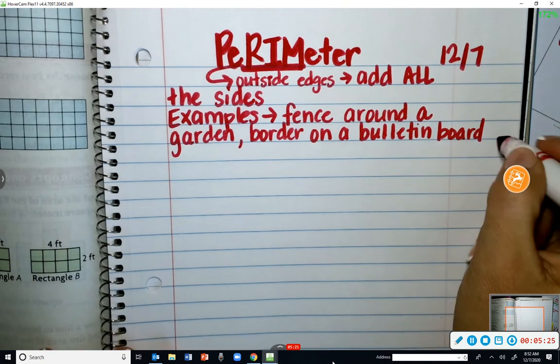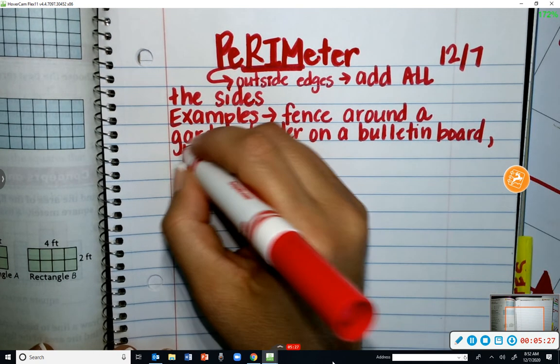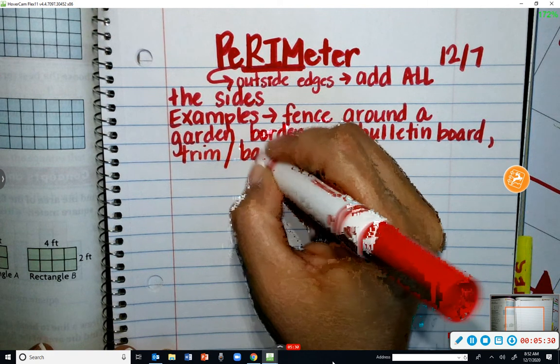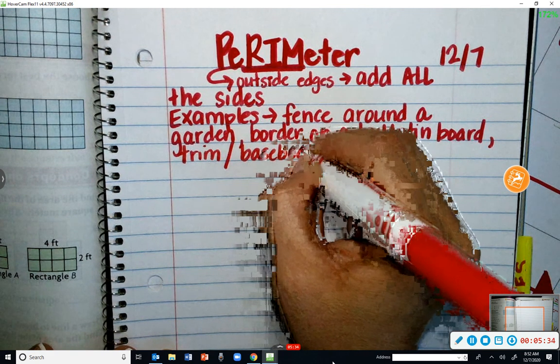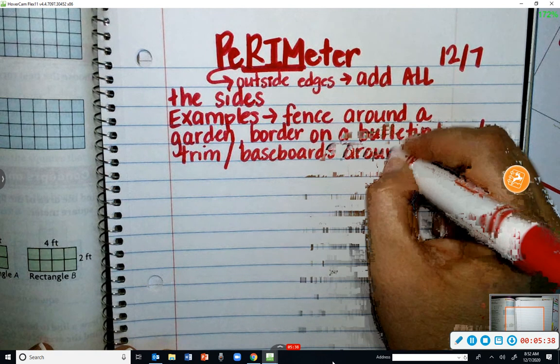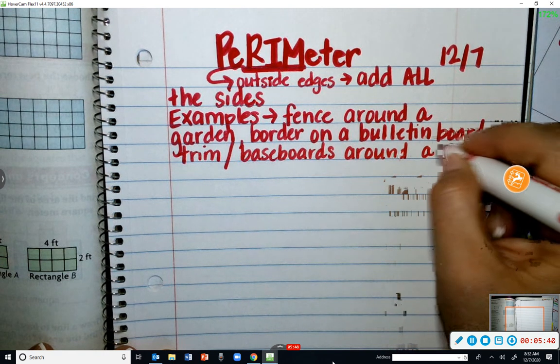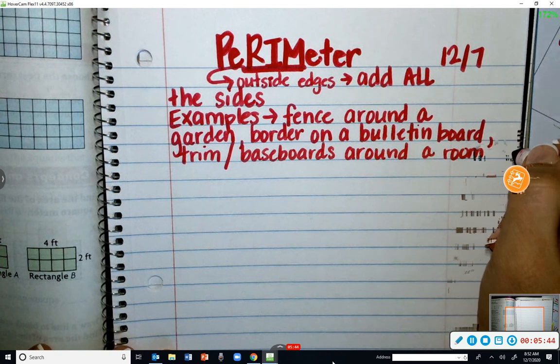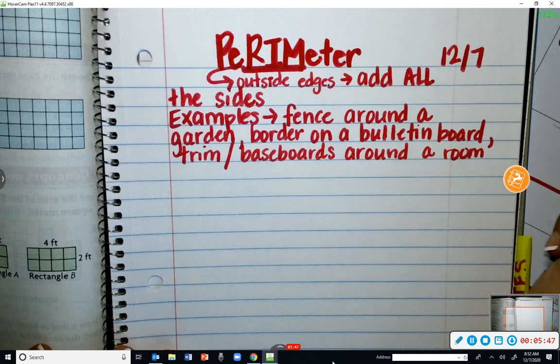So we would say trim or baseboards is what you sometimes call them if it's wood, around a room. And that's around the floor of the room.